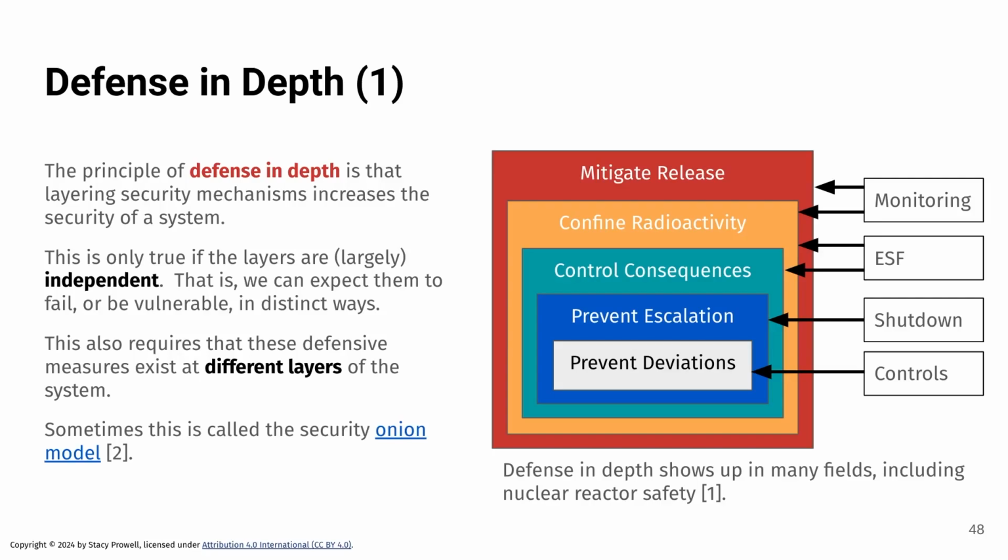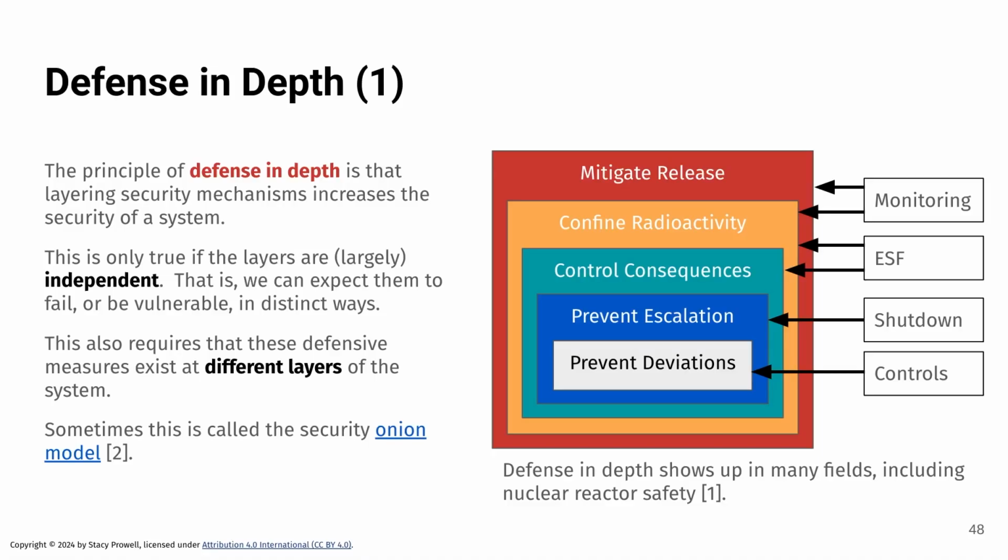We want to confine radioactivity, so we have moderators, thick concrete cladding, and other stuff to control that. And finally, at the very end, we mitigate the release. We have monitoring technologies that can set off alarms, that can do other things if there is an unintended release of radioactivity.